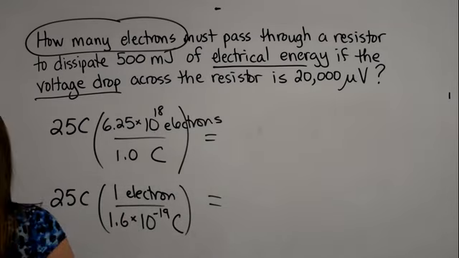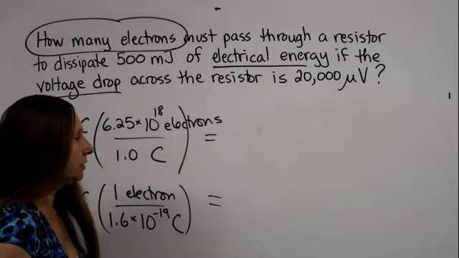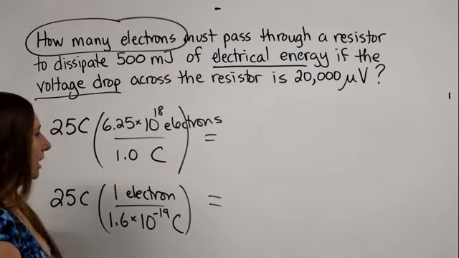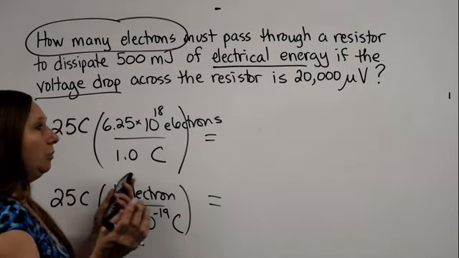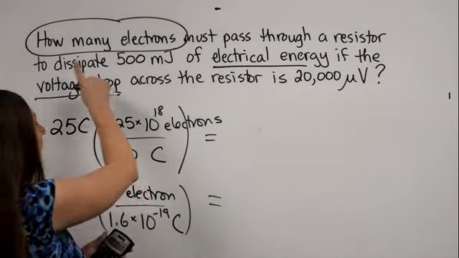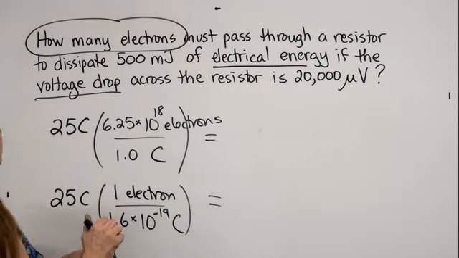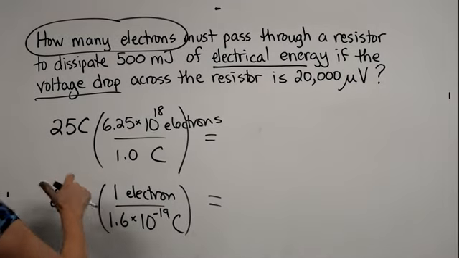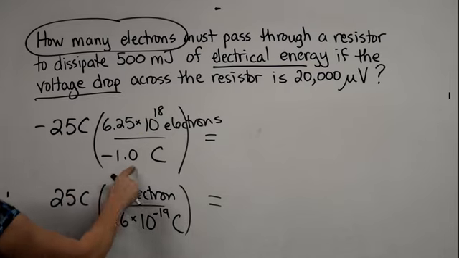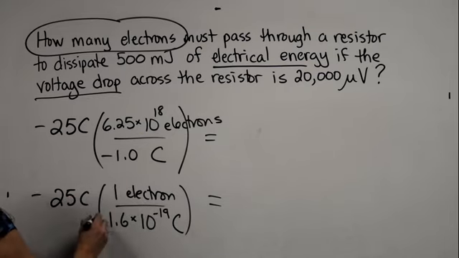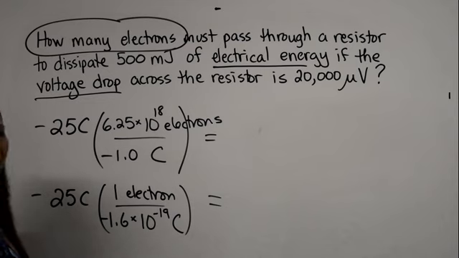I'm not going to bother with the negatives. I know that electrons are negative, but they're asking for how many, so we want the answer to come out positive anyway. I'm not going to bother with the fact that coulombs of electrons would be negative. All those negatives are going to cancel.